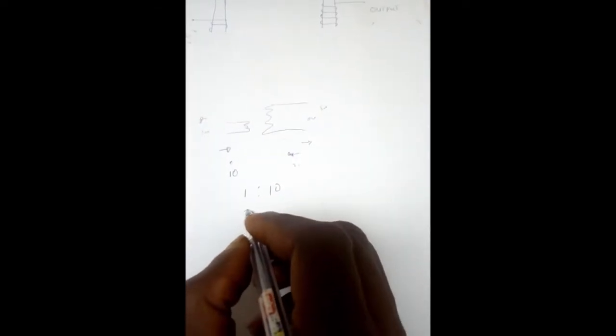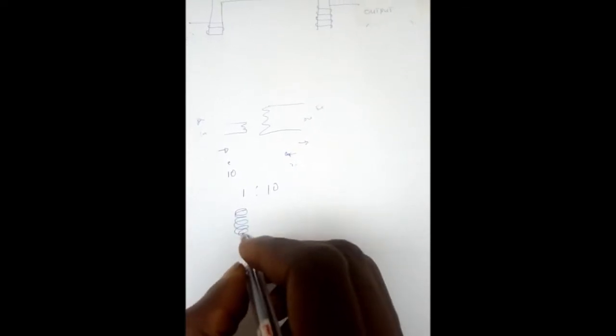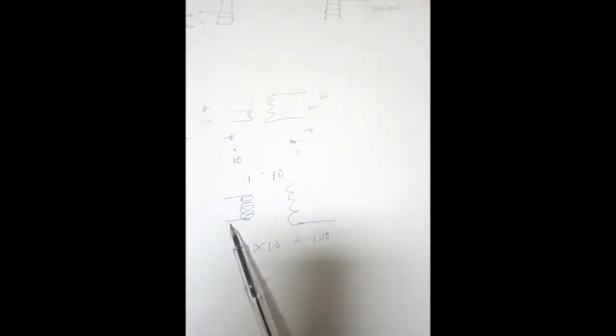So if this is a transformer of, let's say, 1 to 10, it means if you have 10 turns here, the output is going to be 10 times this 10, so it's going to be 100 turns, or rather 10 times what is in the input.